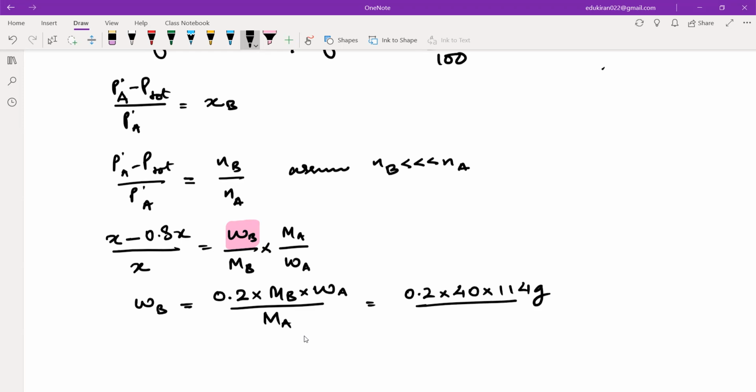What will be the molar mass of octane? Octane is C8H18. So 114 grams. Right. So divide by 114. So this and this will get cancelled, and you will get this as 0.2 into 40. It will be equal to how much?